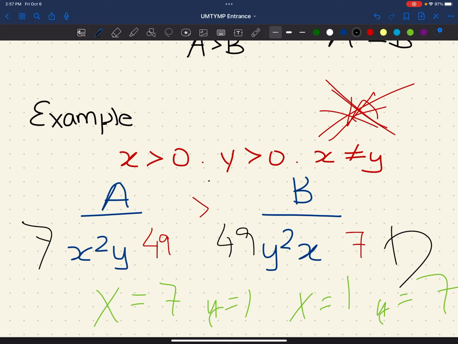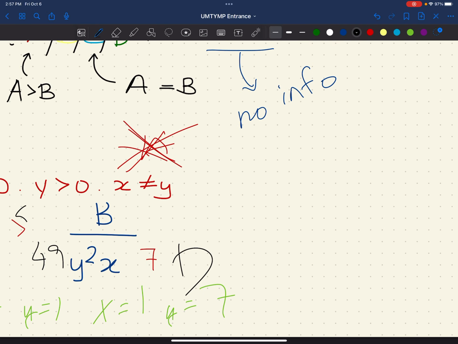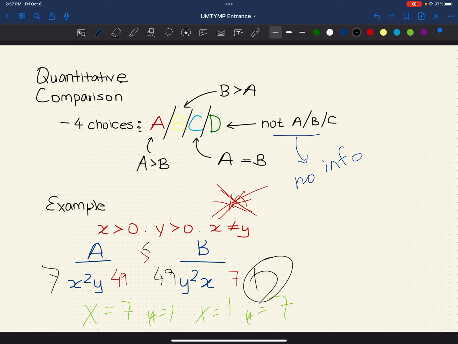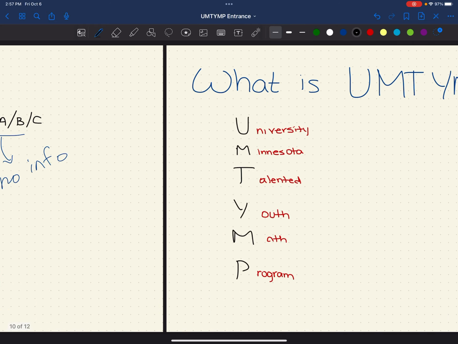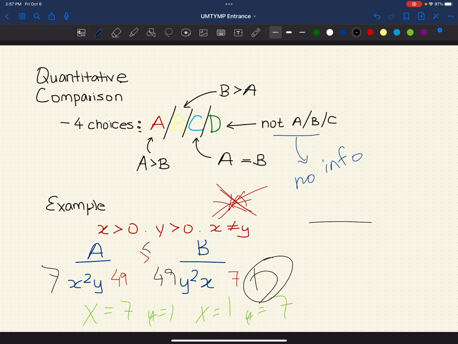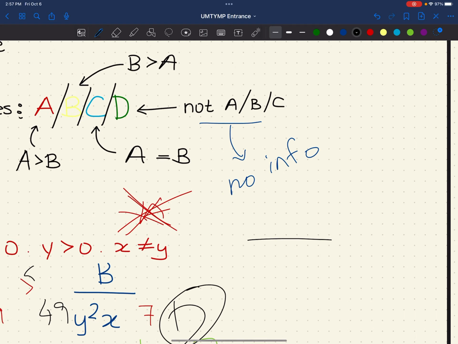In that case, B would be greater than A. Hence, the answer is D, because we're not given enough information to determine whether it's A, B, or C. Not all the problems will be as easy as this, but require a little bit more thinking.